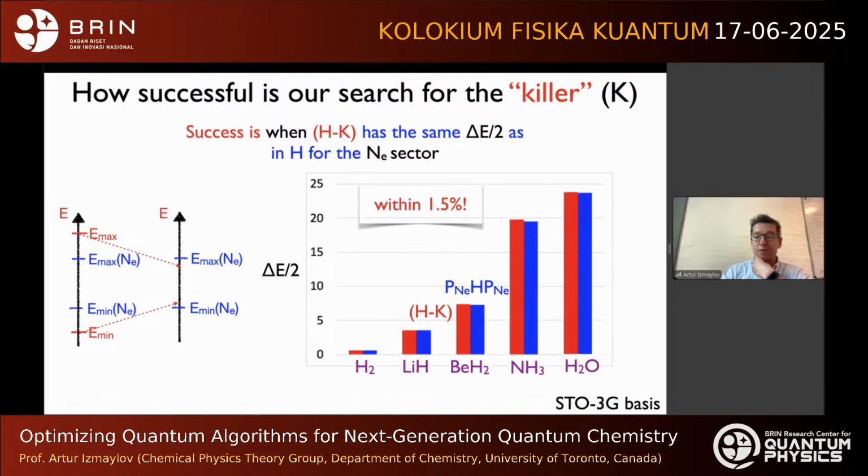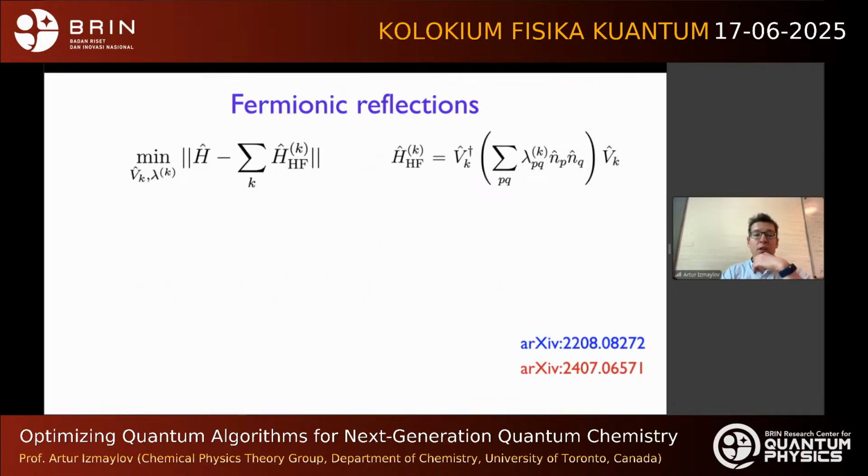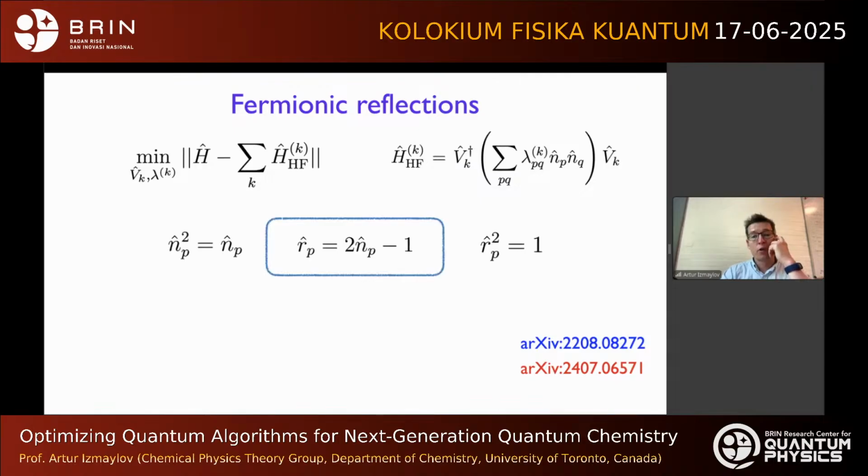You could see the details in our works. For the small molecules where we can do projectors and killers, we are within 1.5% of the spectral range, and we could do even more complicated unitaries, not only Paulis, by grouping using the fragments that we used in Trotter, but here we can use the same sort of fragments.